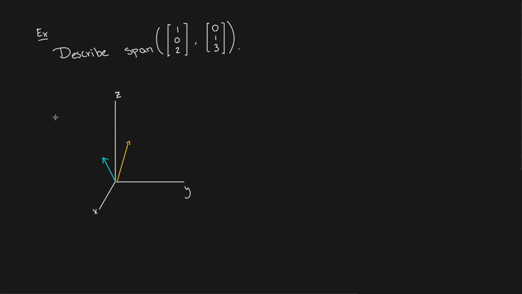I could go anywhere that those two vectors are pointing. Since they're independent, there's a plane that they go through, and they could reach anywhere in that plane. So these two vectors span a plane in three-dimensional space.